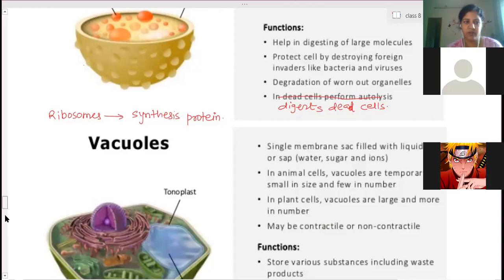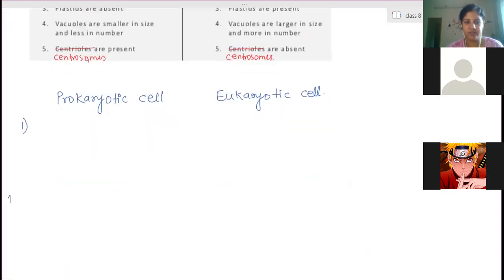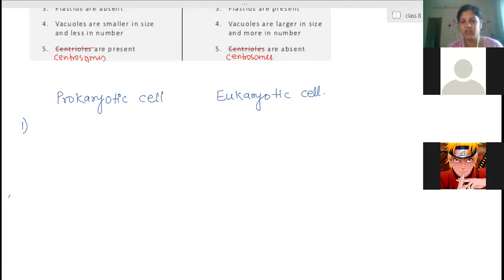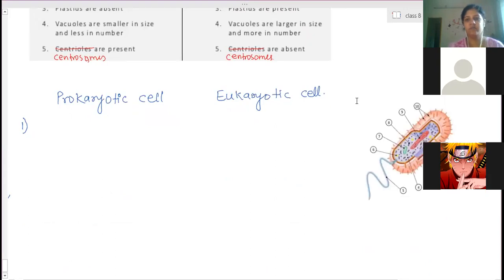I'll show you the structure of the prokaryotic cell. Bacteria is one example. They do not have well-defined membrane-bound cell organelles, that means the organelles which have membranes are not present. This is the basic structure you can see.